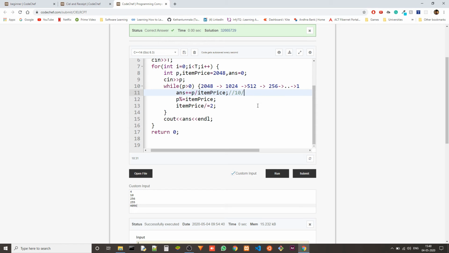P divided by item price, which is 1, will result in p, because we are dividing it with 1. So we'll add all the items of price 1 if we have to add any, okay?